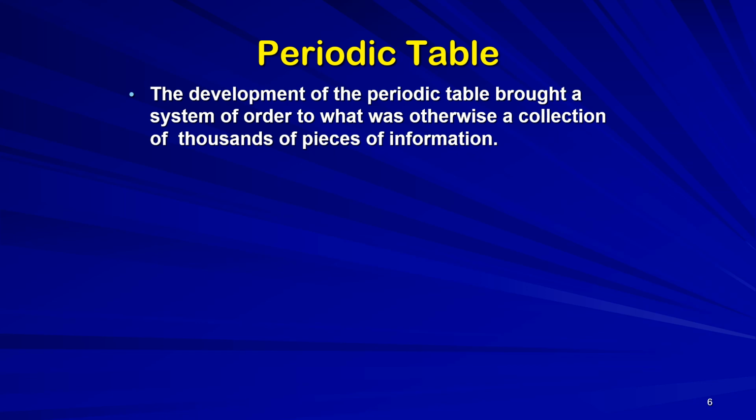The knowledge of the different properties of those elements was not in order. So it was necessary to have a particular order for the elements to help in the understanding of the different properties, the similarities of elements, and the differences of those elements.